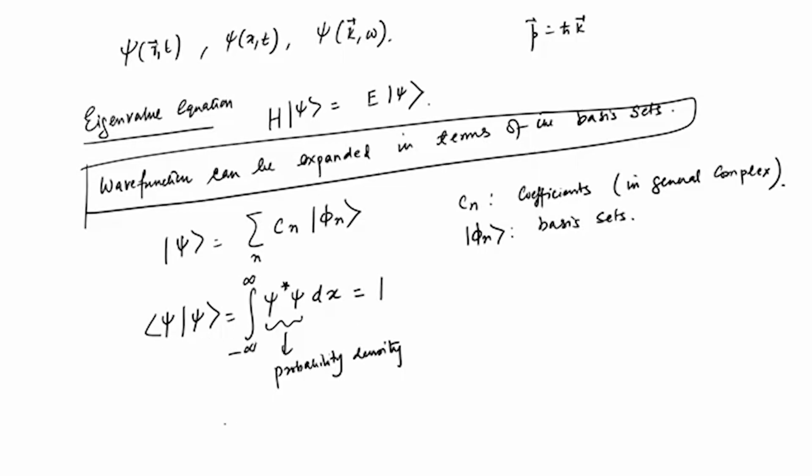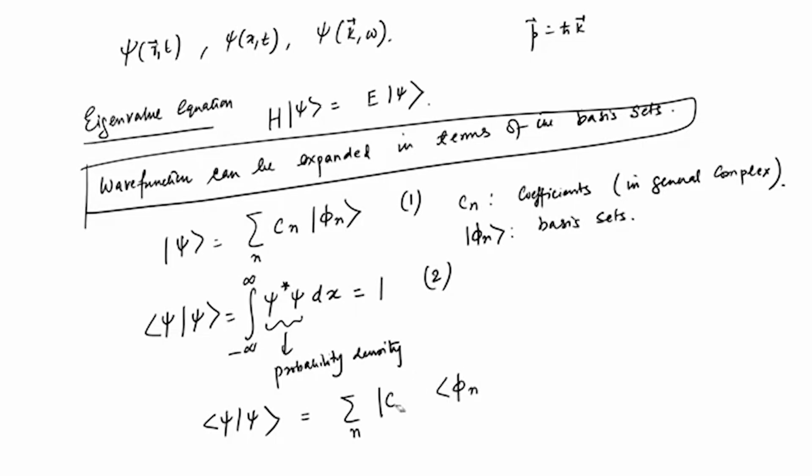So, if you put that here, you have a psi and a psi; let us call it equation 1, this is equation 2, and this is equal to the sum over n of C n square, and we have a phi n.